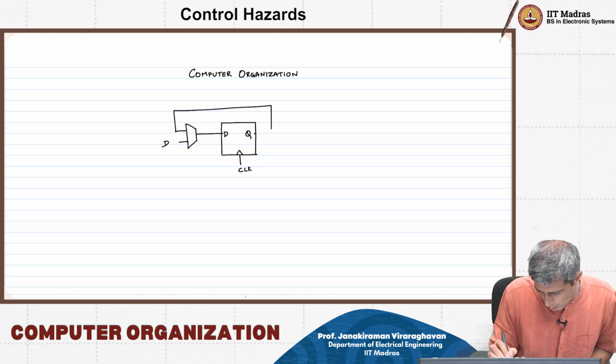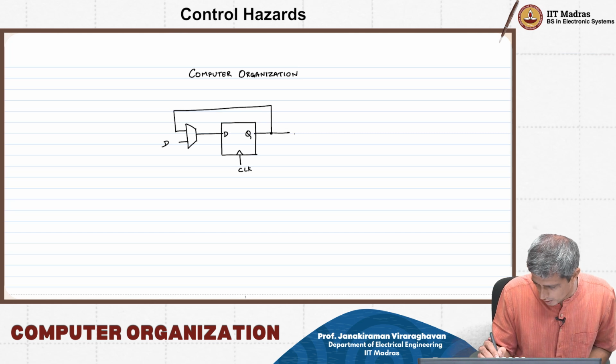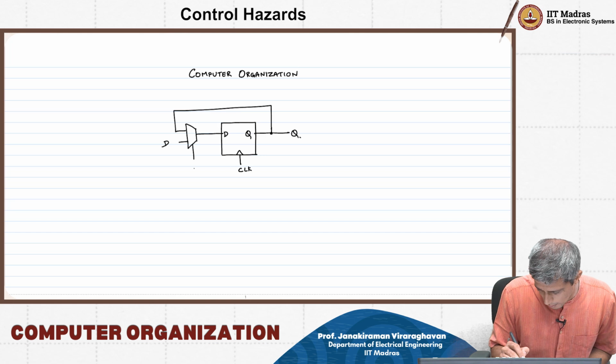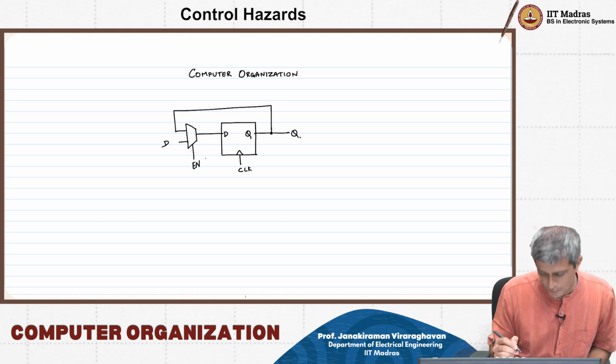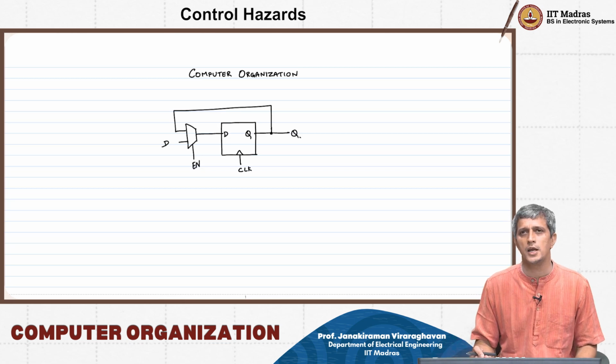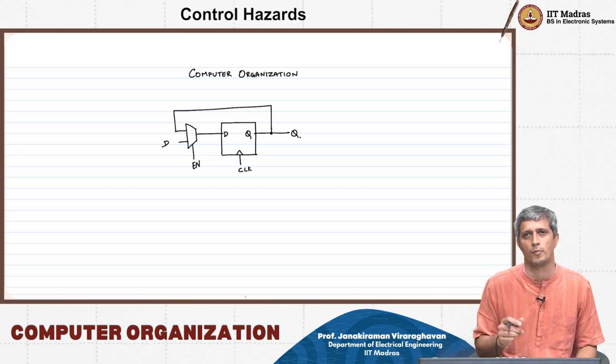This is going to come out like this out here, and you get Q, and therefore you have enable. So this is one way to implement the enable signal for the D flip-flop, or the register, whatever it is.